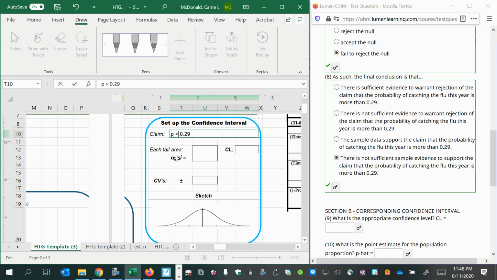Now, the trick to this type of question is what is the confidence level that's appropriate for it to correspond with the hypothesis test that we just did. The hypothesis test was right-tailed, and confidence intervals are always two-tailed. And we need our areas from the hypothesis test to match up with our areas in the confidence interval.